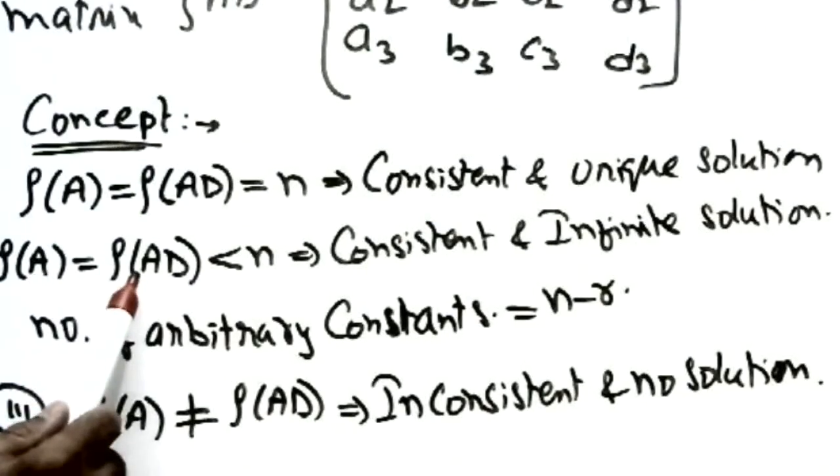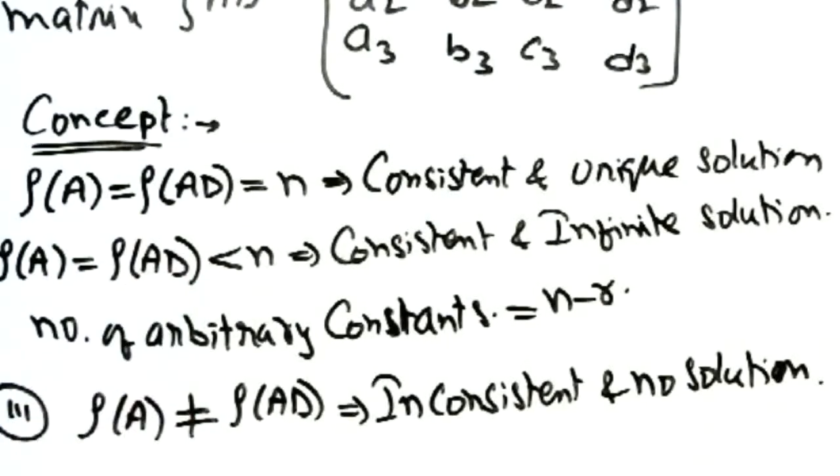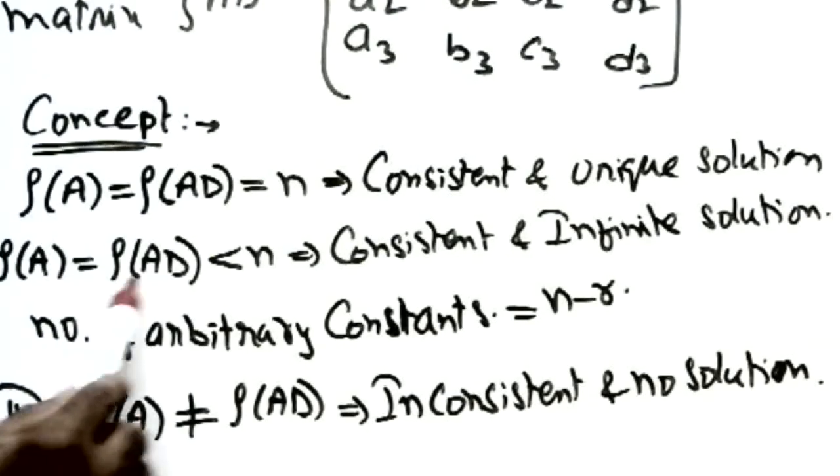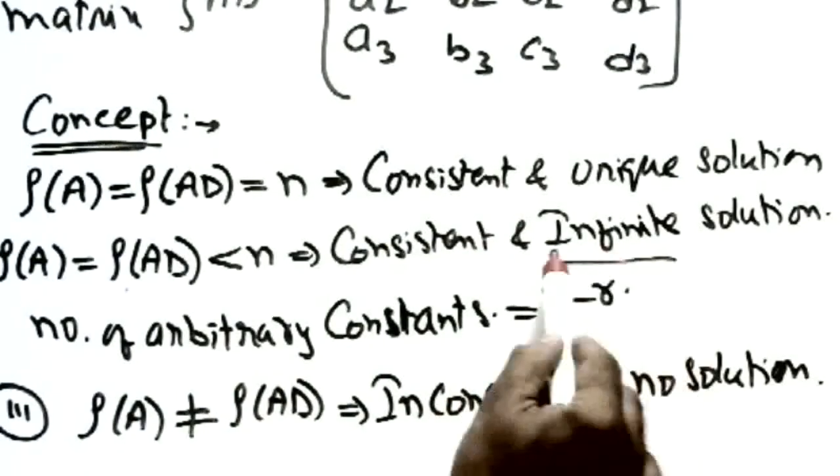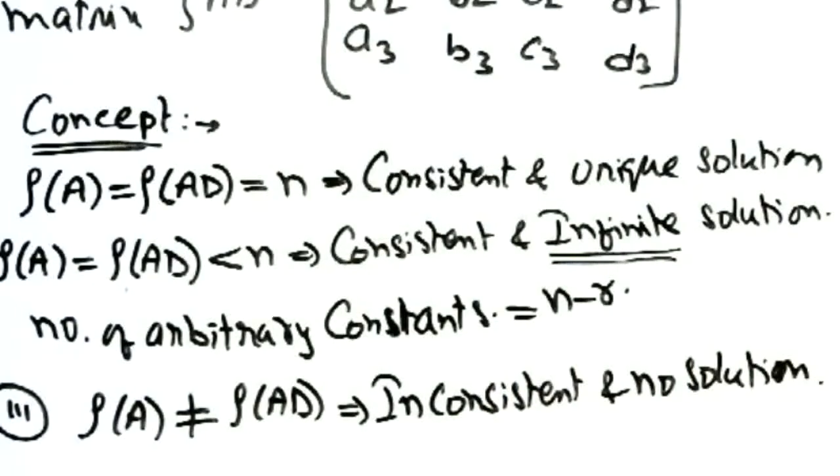If both have the same rank, rank of A equals rank of AD, but it is less than n, for instance both ranks are 2 whereas the variables are 3, or both ranks are 2 and the variables are 4, then we say consistent but infinite solutions. In infinite solutions, we will not get all the values of x, y, z or w. For that, we have to take one or two arbitrary constants. We will see this in the question.